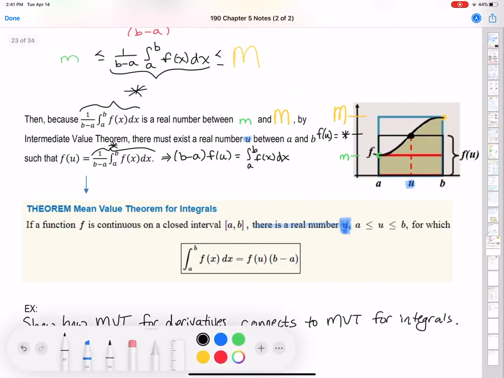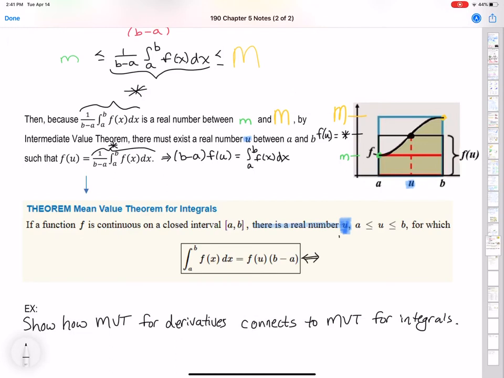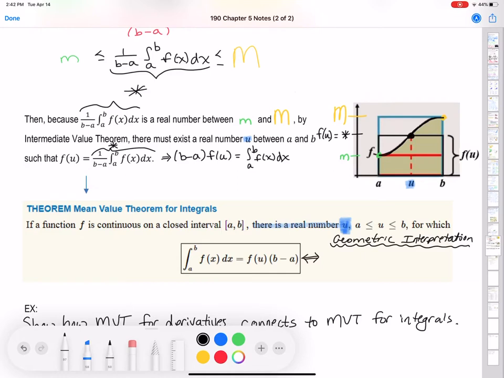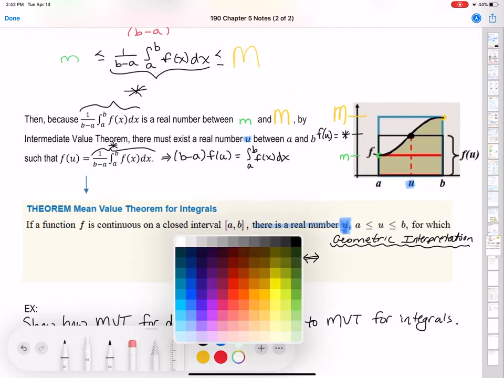Okay, so what's the geometric interpretation of this? Let's take a second and write that out. So the geometric interpretation is saying our definite integral from a to b of f of x dx, well, that is our area under the curve.